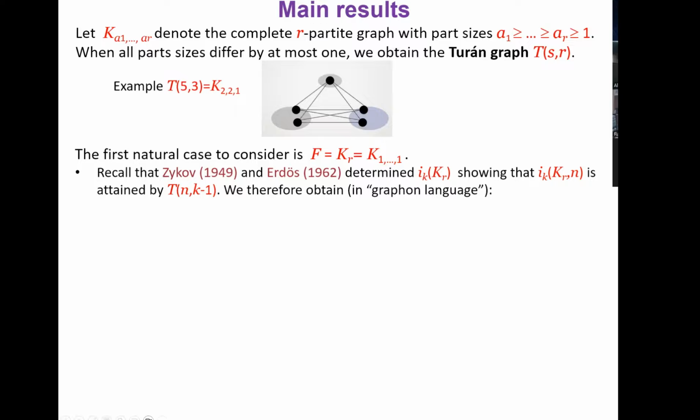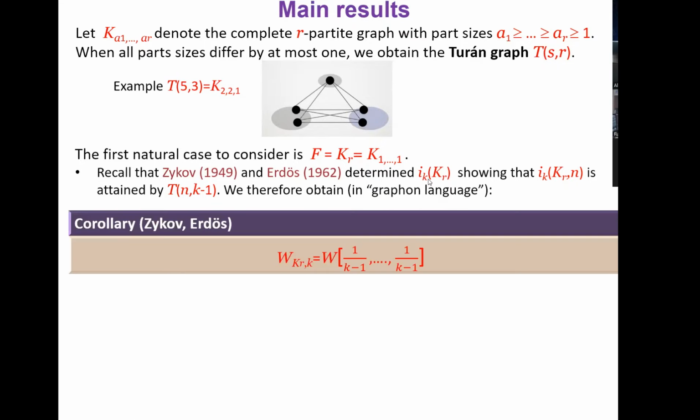This is the best you can do. And now I want to state it in graphon language. What does this mean when we take n to the limit? It means that the optimal construction is just the balanced (k-1)-partite graphon with part sizes 1 over k-1. This is just restating the Zykov and Erdős result in graphon language.